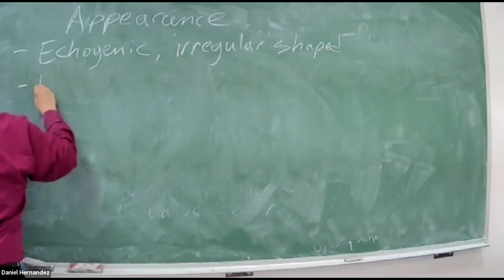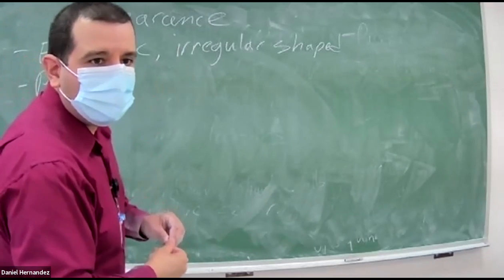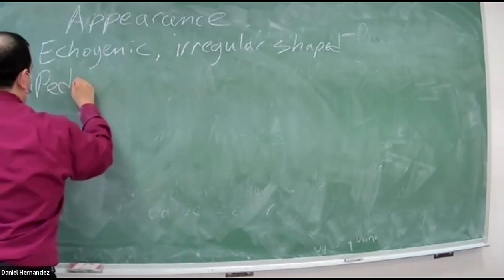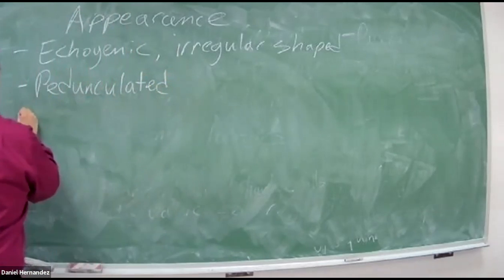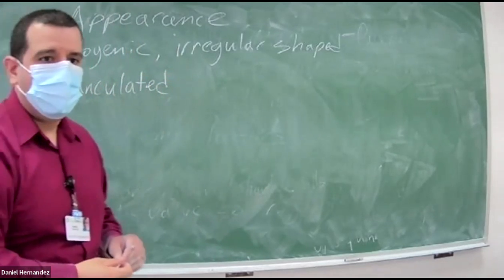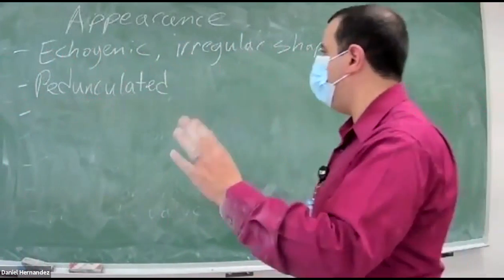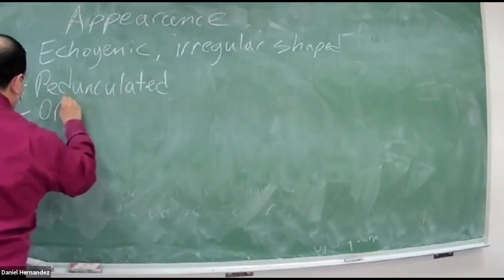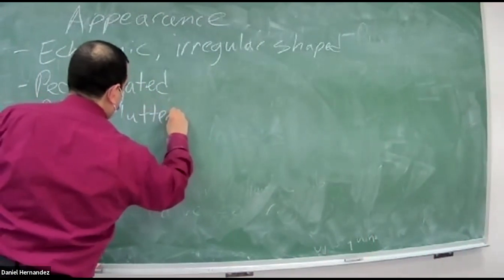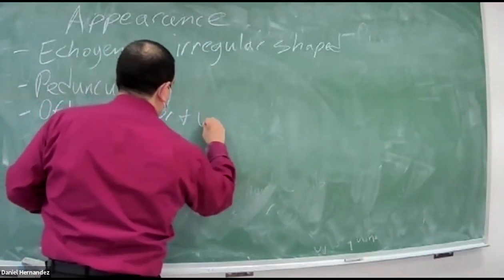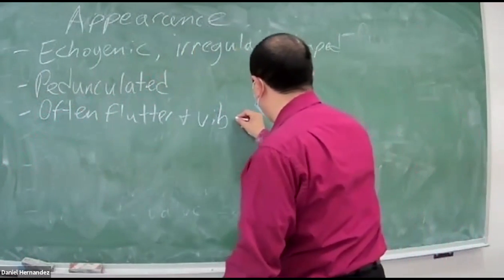They'll appear pedunculated, so they'll look like they're connected by a stalk. So they'll often flutter or vibrate. So you'll see these things flopping around in the blood flow.